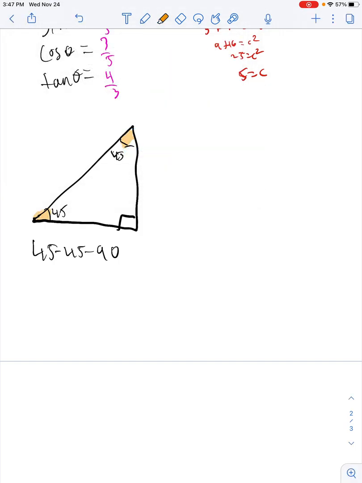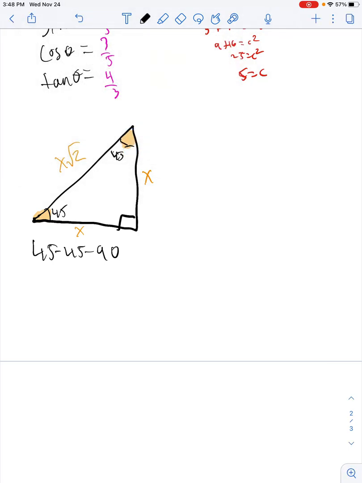What's useful is that this angle and this angle are the same, and the same goes for the sides. So if this is x and this is x, then my hypotenuse is x times the square root of 2. Whatever my sides are, I multiply by the square root of 2, and that gives me my hypotenuse.